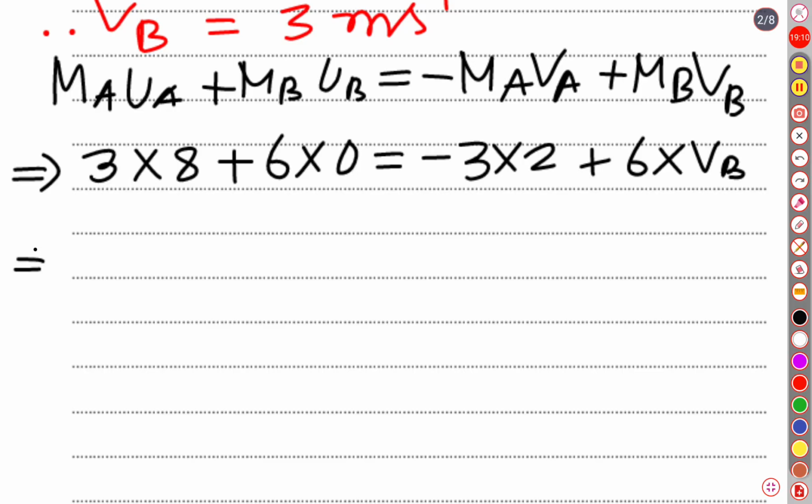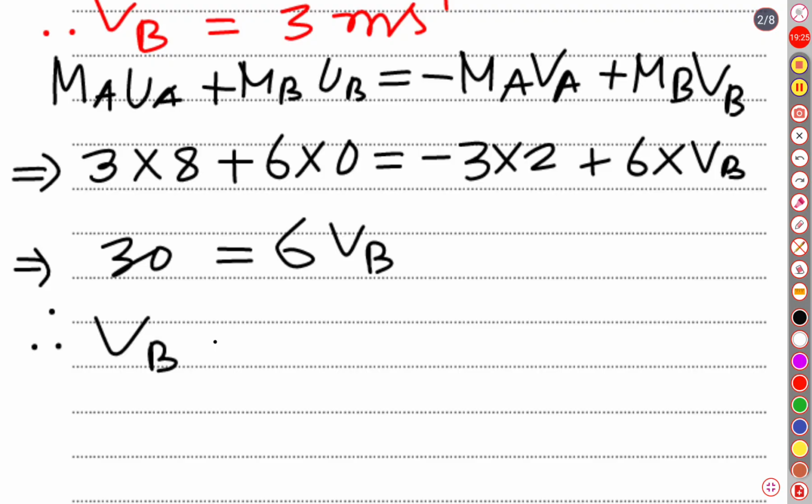So it is going to be 24 plus 6, that is 30. 30 is equal to 6 times the velocity of particle B. Hence the velocity of particle B is going to be 5 meter per second if A moves backward after collision. So this is the second possible case of velocity.